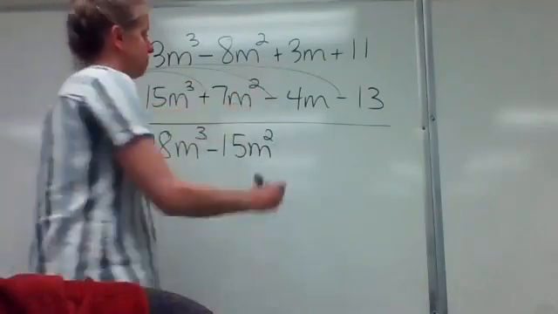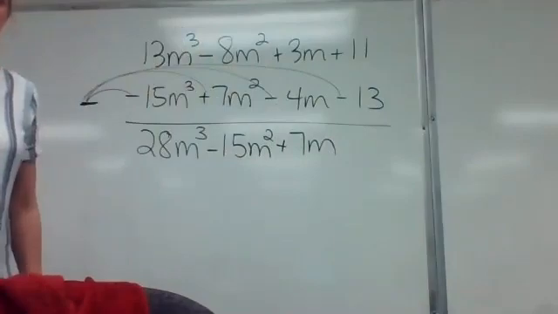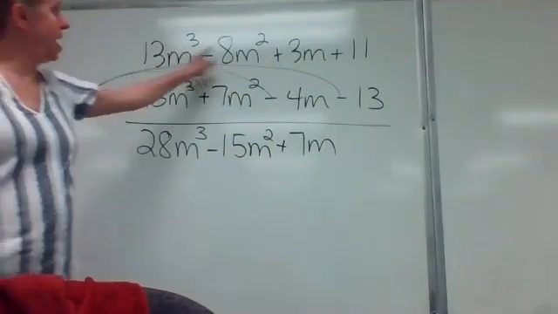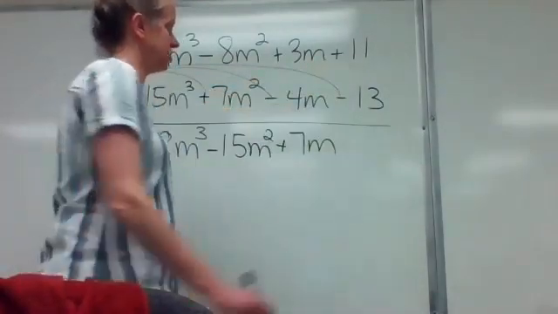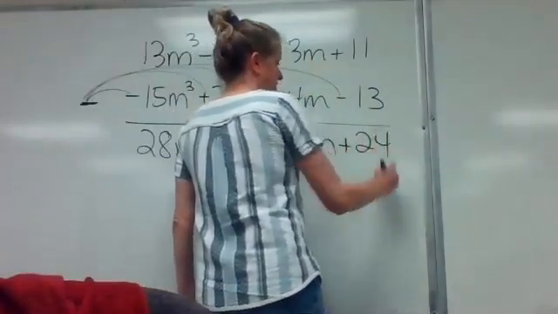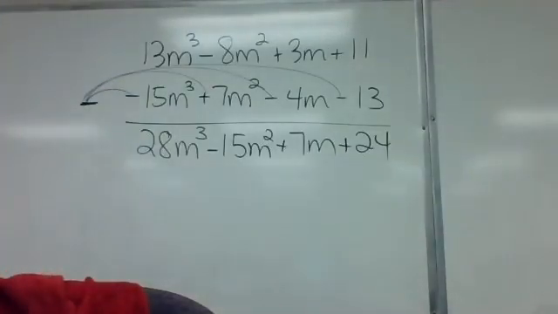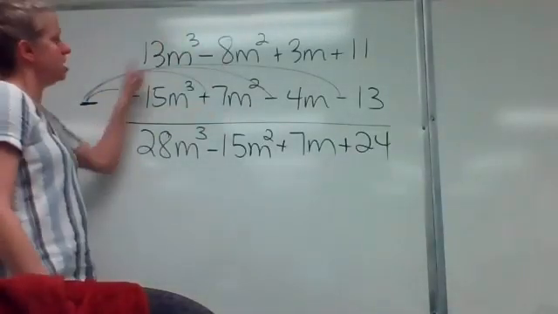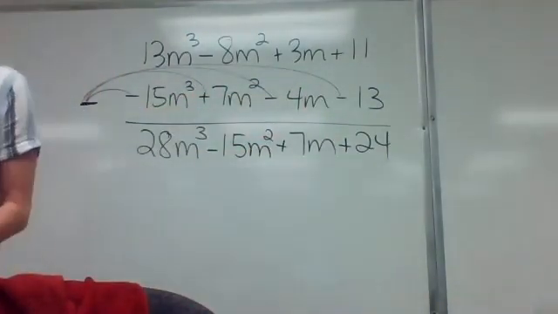So 3 plus 4 gives you plus 7m. And it turns this into a plus. So you've got 11 plus 13, which gives you positive 24. So remember, if you have a minus in front of a group of terms, you need to think of that minus as going through and changing all those signs.